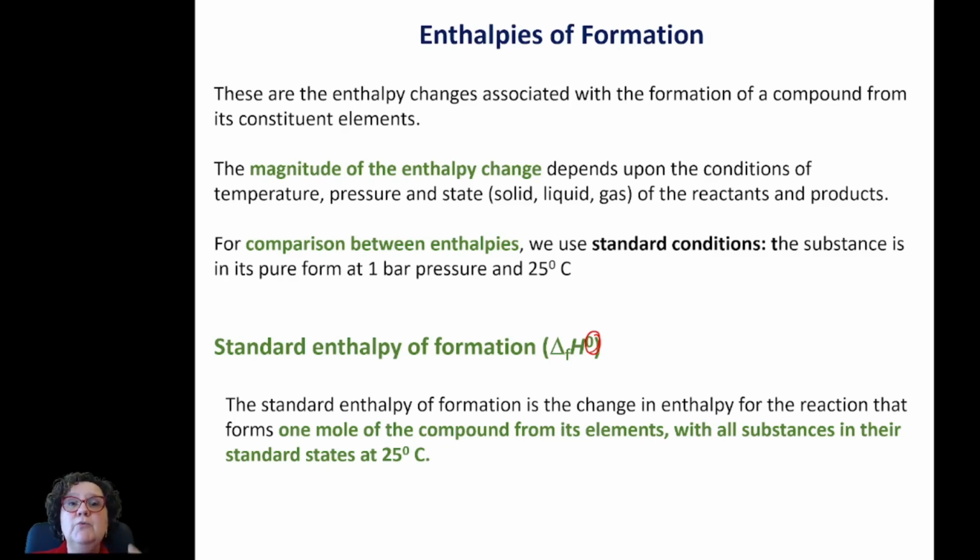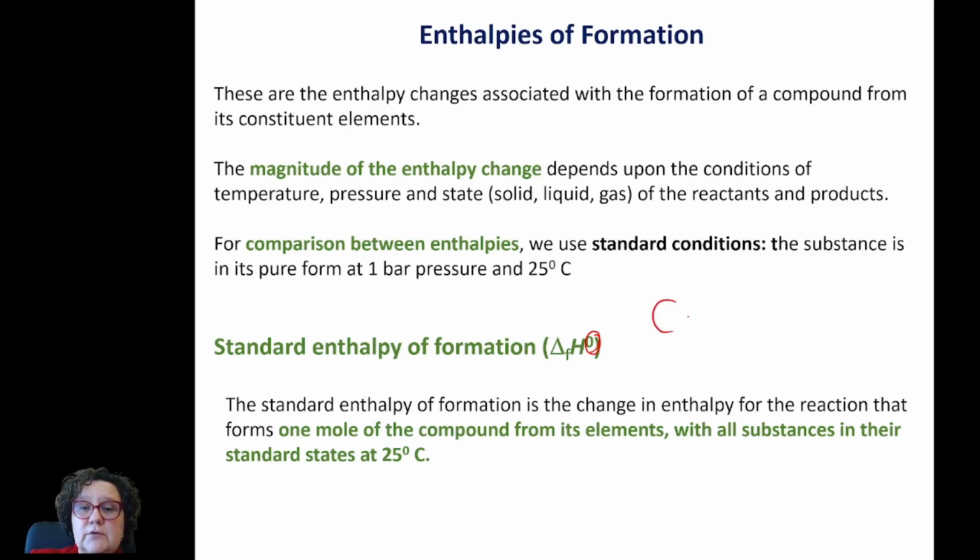Like, for example, how you make CO2 gas. Well, in a standard enthalpy of formation, you will make it from the elements in their standard states. The reagents to make CO2 would be carbon and oxygen, the molecule O2.